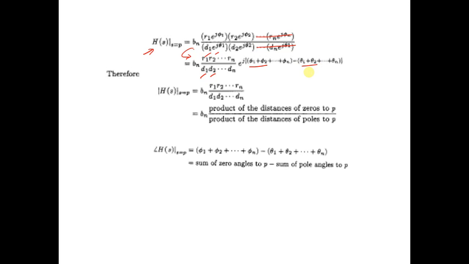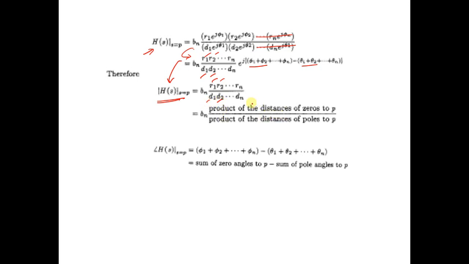You're getting my point? Again, if you look at the modulus, that means the magnitude of the system, it becomes Bn multiplied by r1 multiplied by r2 divided by d1 multiplied by d2. What is it?